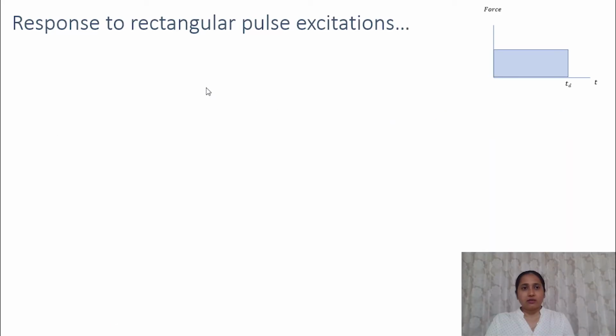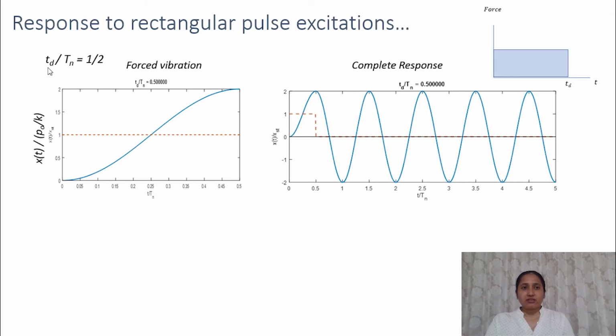Now let's see it for another value of td by tn. So td by tn is half. Now the duration of this pulse has increased. Earlier the td by tn was 1 by 4. Now it is double of that. As the duration is increasing, the response is also increasing.